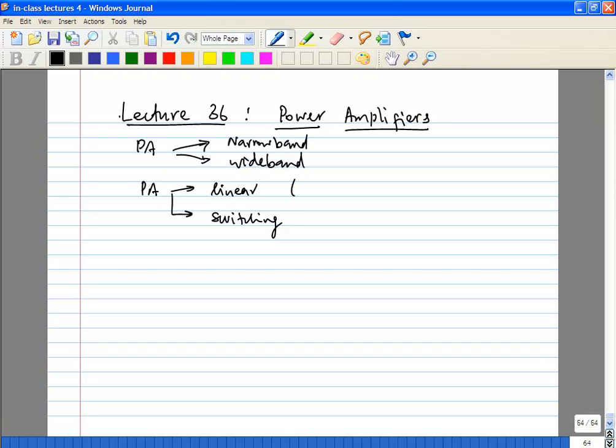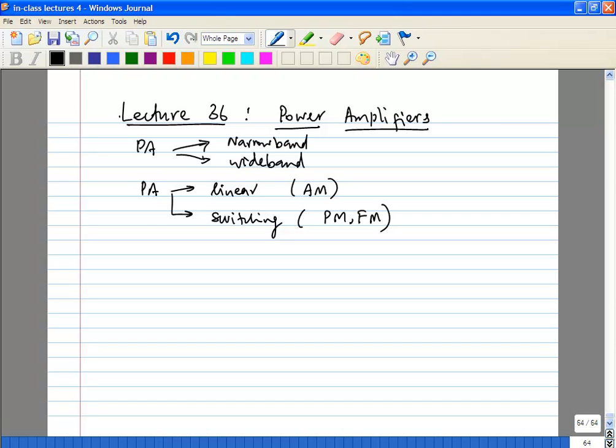So linear PAs will be used in cases where you have amplitude modulation. Whereas switching PAs will be used in let's say PM or FM type of situations.